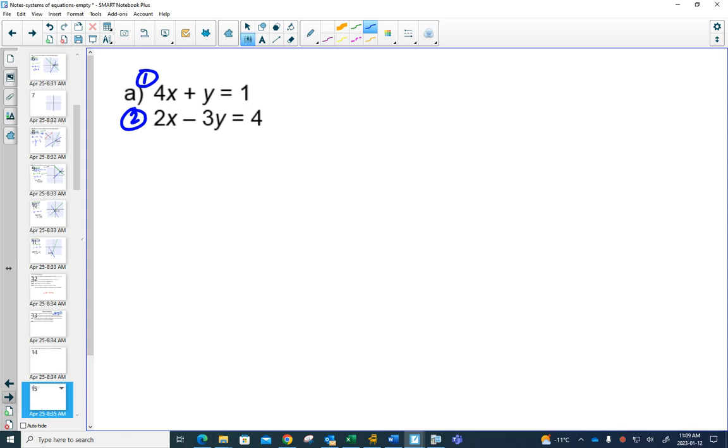Equation 1. Can you see that in equation 1 there's a y all by itself? It just has a coefficient of 1. It's not all by itself on one side of the equation, but there's not a number in front of it. It would be fairly easy to just subtract 4x on both sides to rewrite equation 1 like that.